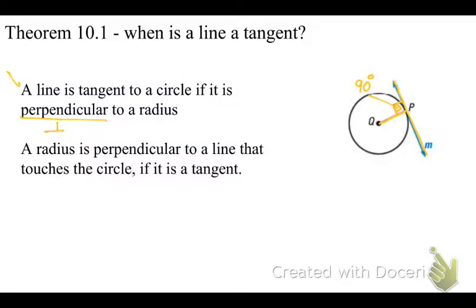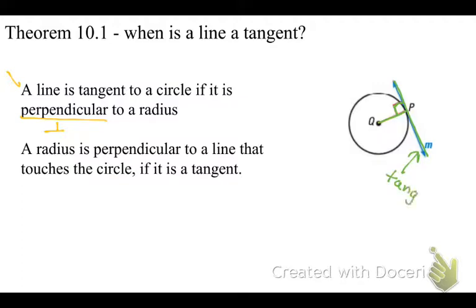Now, the converse of that is also true. If you're given a radius, let me erase this and then I'll draw it. So if you're given a radius and you're told that that radius is perpendicular to a line, any old line, that touches the circle, then you know that this guy is a tangent.